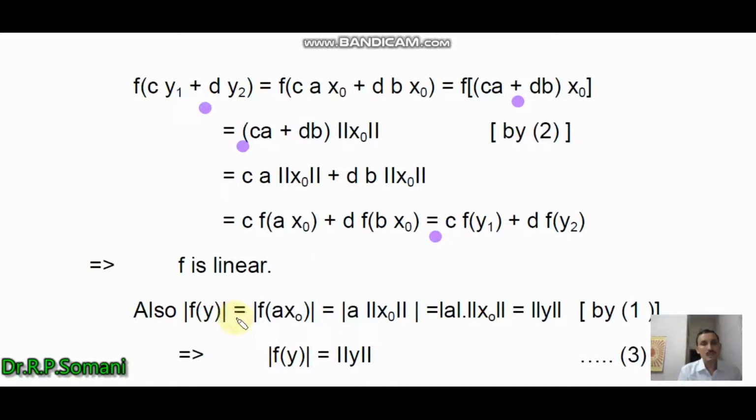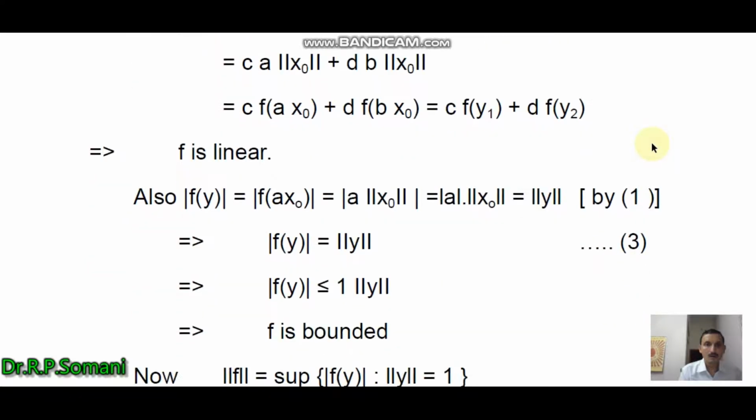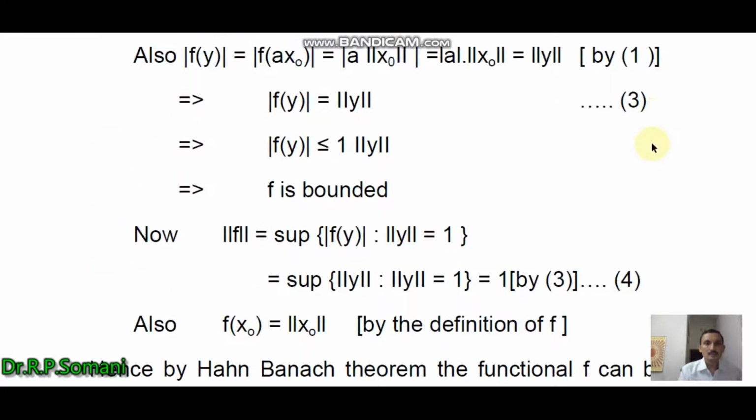Also modulus of f(y) equal to modulus of f(a x0), and this is equal to modulus a into norm x0, and this is equal to modulus a norm x0, which is equal to 1 into norm of y. Therefore modulus of f(y) is equal to norm of y. So we denote this by equation 3. Then we have modulus of f(y) is less than or equal to 1 into norm y.